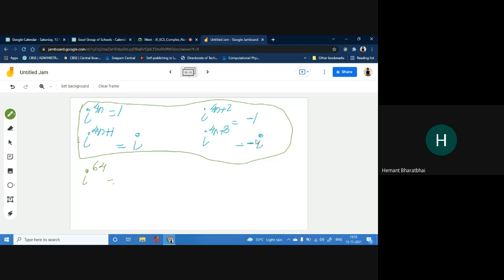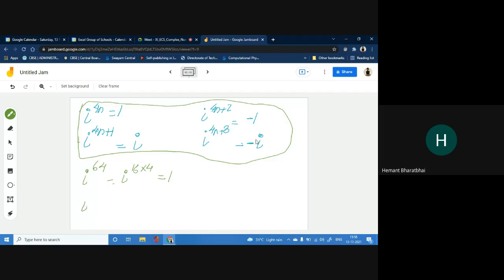Let me give you an example. Suppose I want to find out the value of i raised to 64. What is the value of i raised to 64?